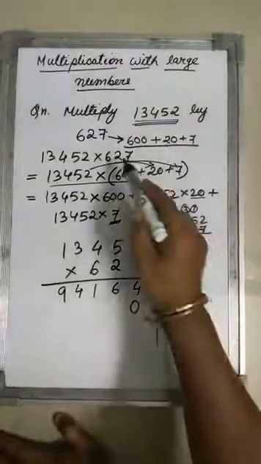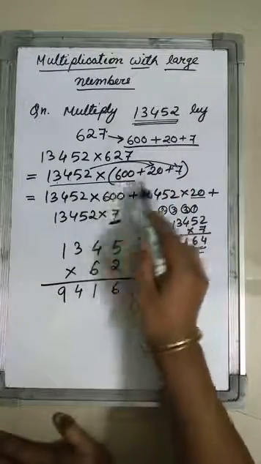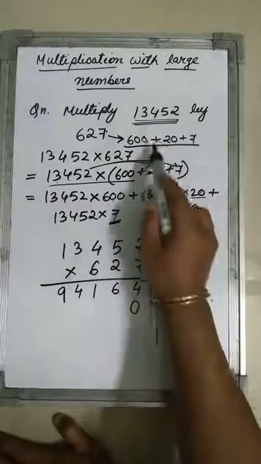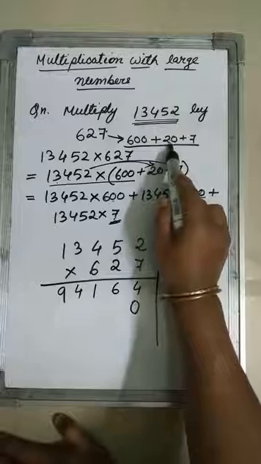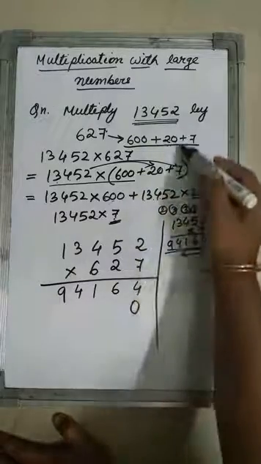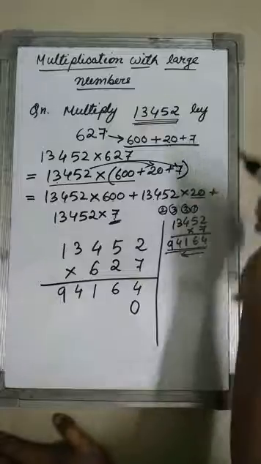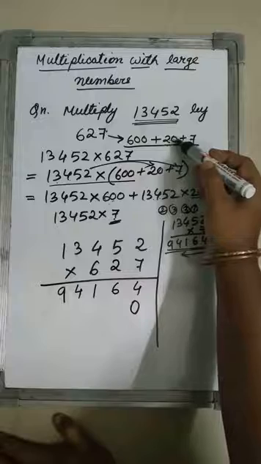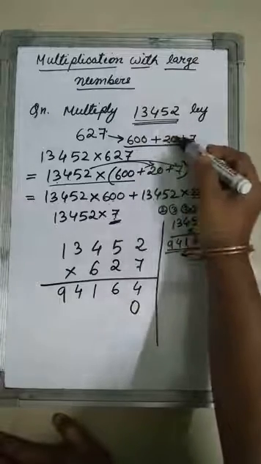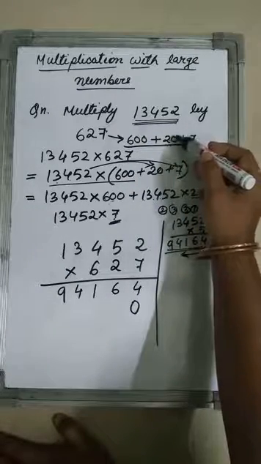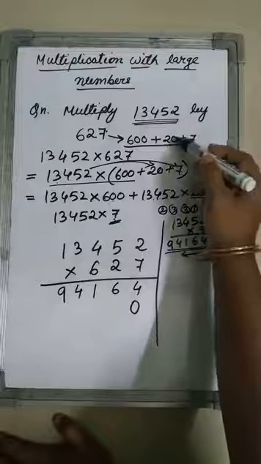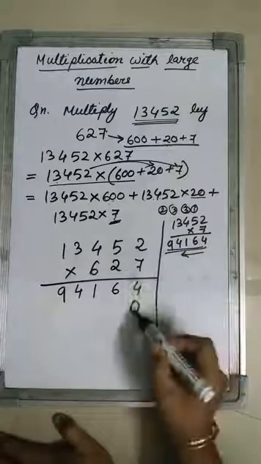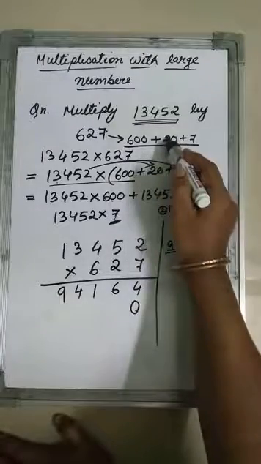The next step is we have to multiply 13452 by 20. In the tens place we have 20. So we are having 10. Do you remember what did I say? The multiplication of a number by 10, 100, 1000 and its multiples. 20 is a multiple of 10. It is having 10, so I am writing the 0 here. Now 2 is left.